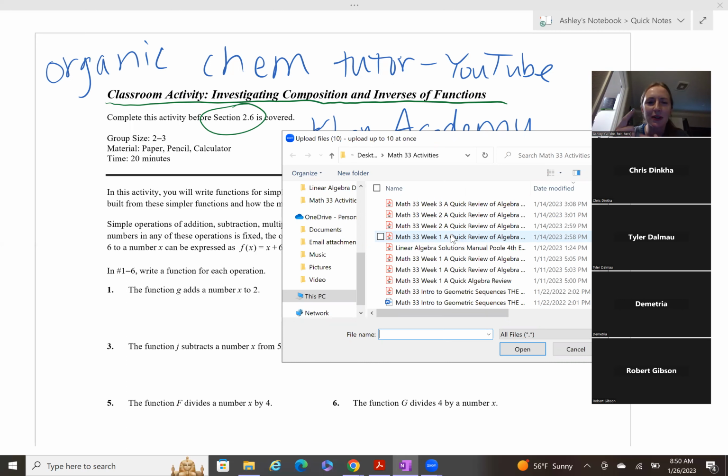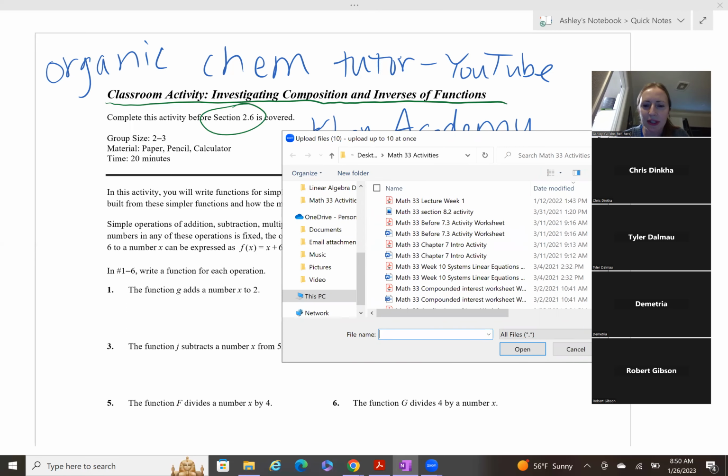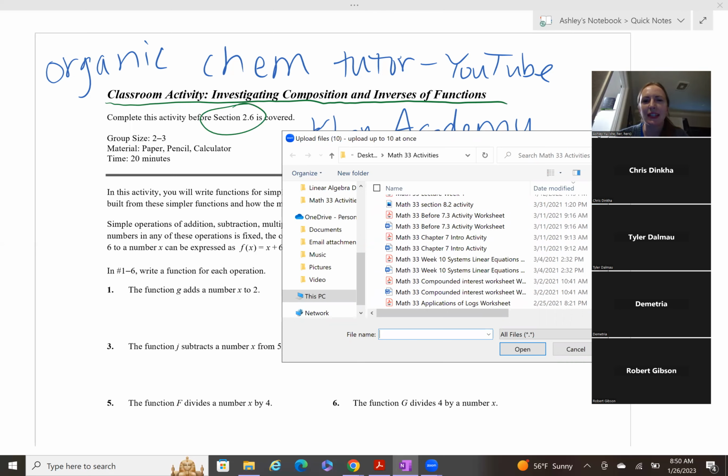It's hard to understand something when you don't know why you're doing these steps. So that's what we're going to do today, building our understanding of what we're trying to do in section 2.6.